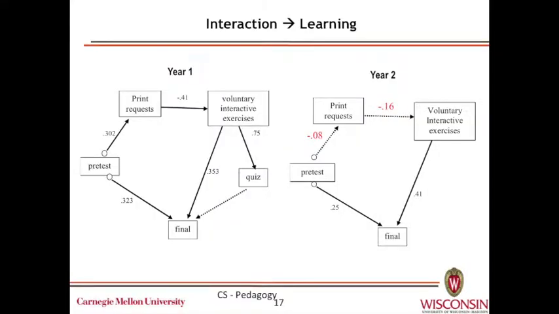And so we collected a new data set and analyzed it in a similar fashion the next year. And it turned out, yes, that we had actually, this is a dashed line to indicate it's not significantly there, but it's still estimable. And it turns out that we've not only eliminated the edge pretty much, but reversed its sign. So now it was only the worst students, if anything, who were doing more printouts.